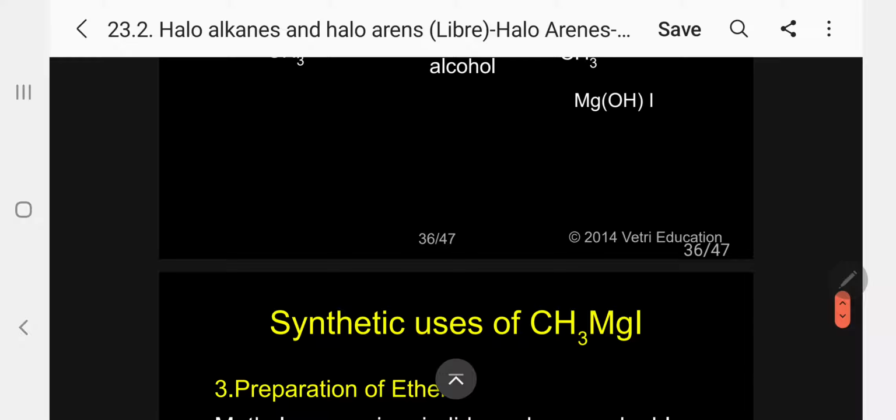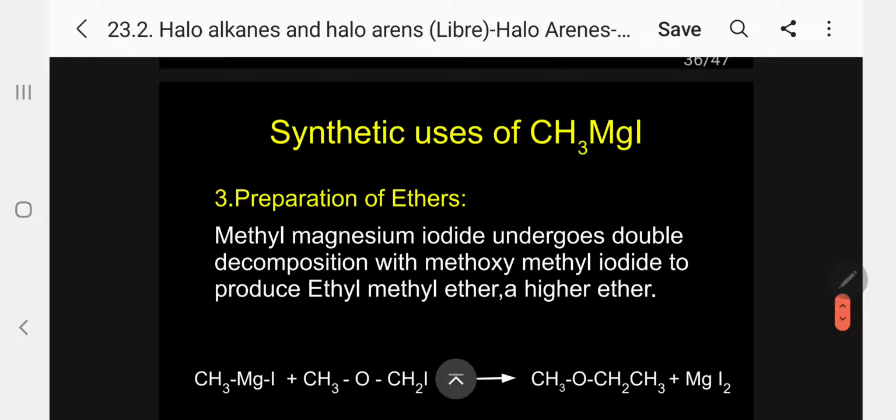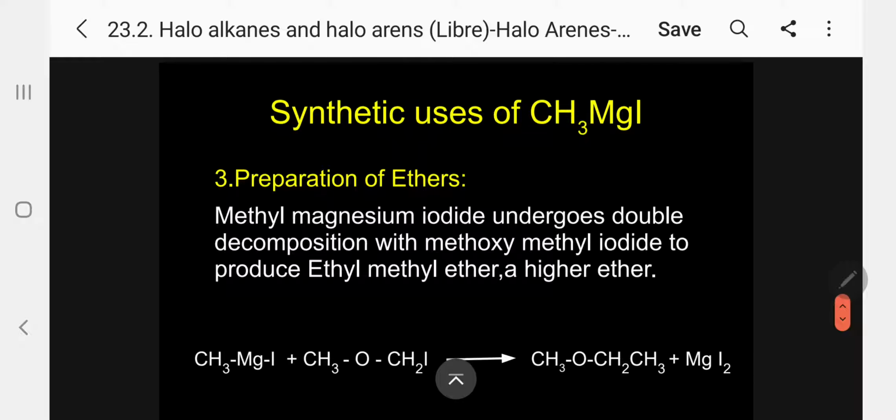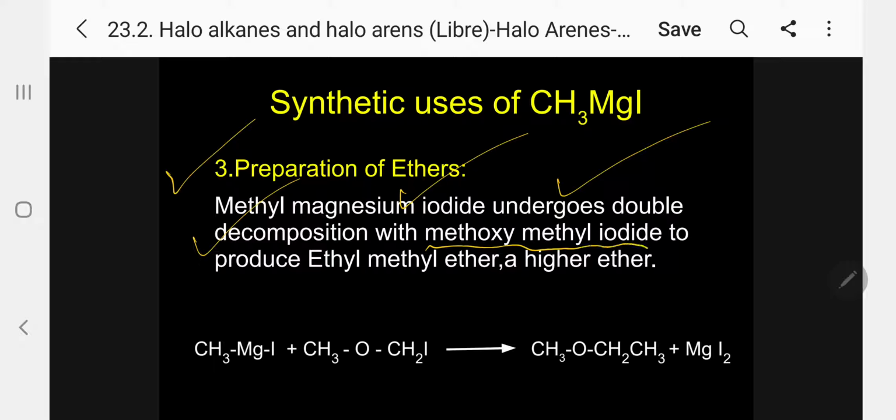Please follow. So in the case of alcohol preparation, we can prepare any primary, any secondary, any tertiary alcohol. The same way, any higher ethers can be prepared using Grignard reagent from the lower member. Kindly follow. How? Example: methyl magnesium iodide undergoes double decomposition with methoxymethyl iodide.